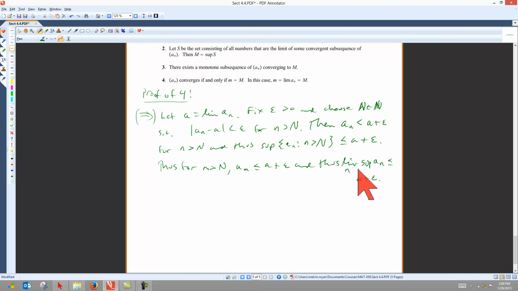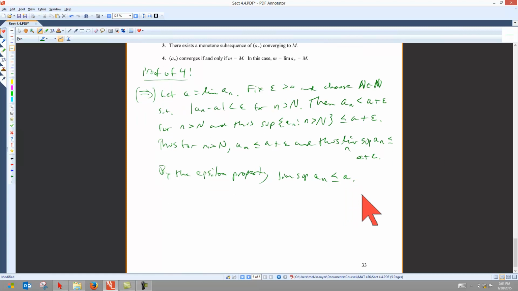So I've shown that the limit superior is less than or equal to a plus epsilon, but epsilon was arbitrary, so by the epsilon property, the limit superior of a_n is less than or equal to a. And we could have played an entirely analogous game with the lim inf.